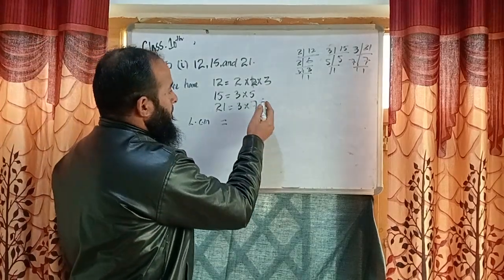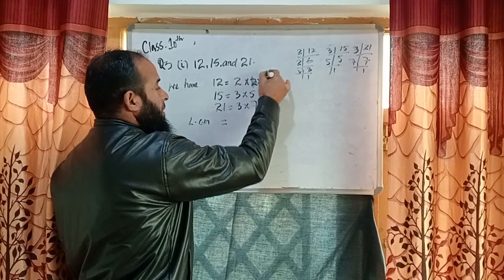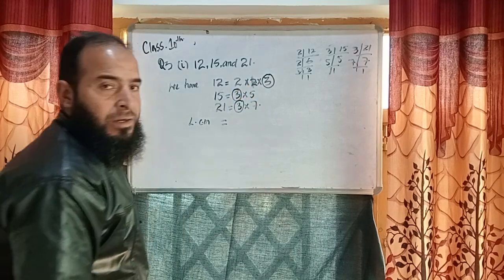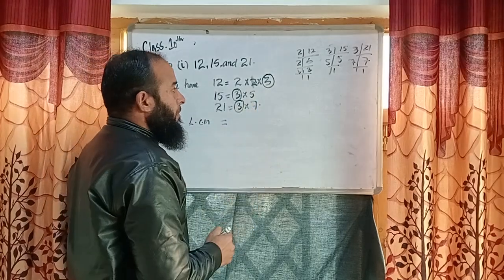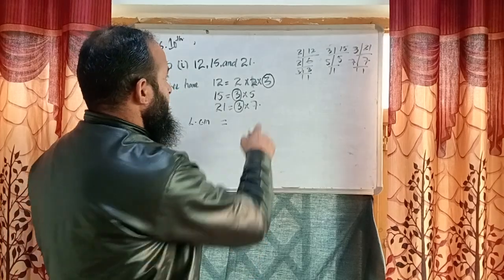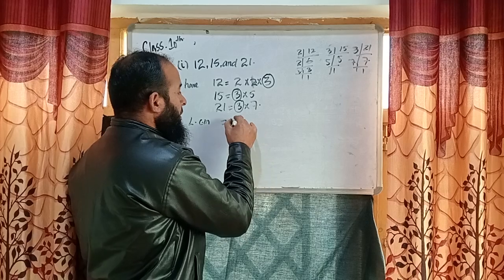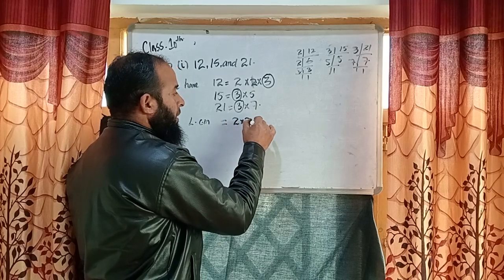See, these three, this is common, and it will also be the HCF. This will be the HCF, but to find the LCM, it will be 2 cross 2 cross.